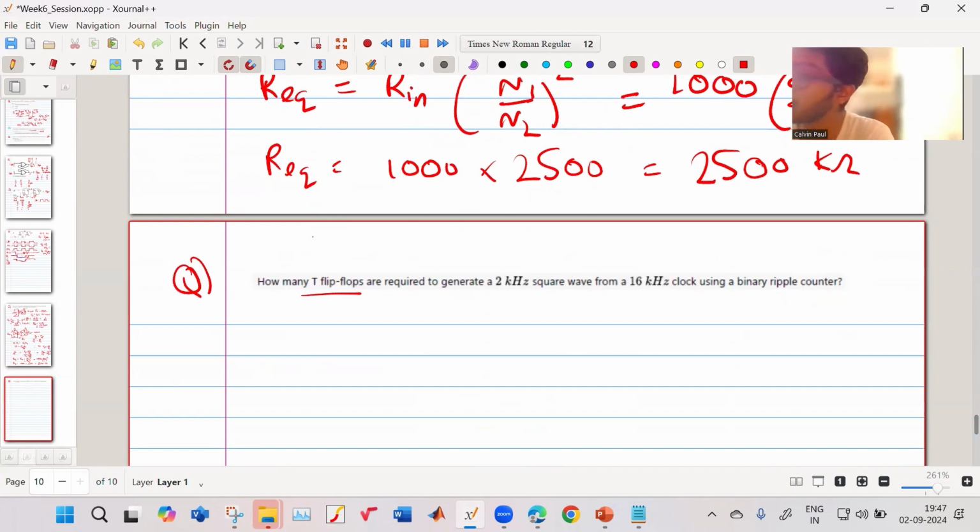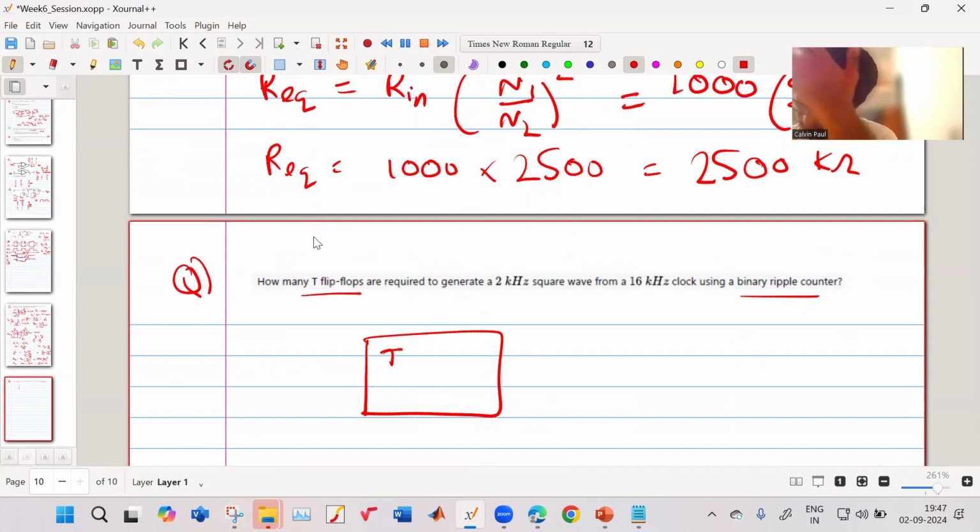So now we have to consider: how many T flip-flops are required to generate a 2 kilohertz square wave from a 16 kilohertz clock using a binary ripple counter? Okay. So what does a T flip-flop do? We have a T flip-flop, this is T. If I give here 1, it should give 0.